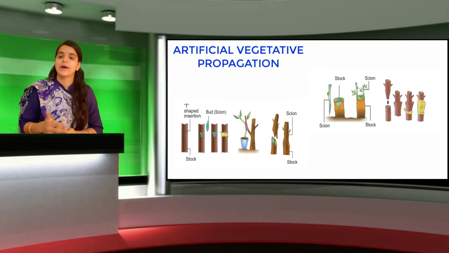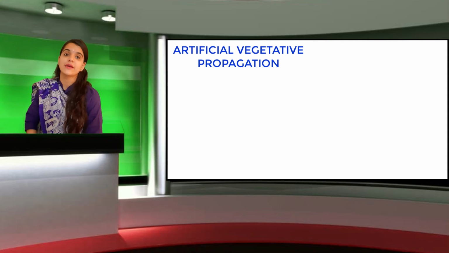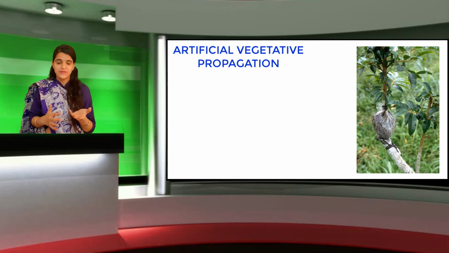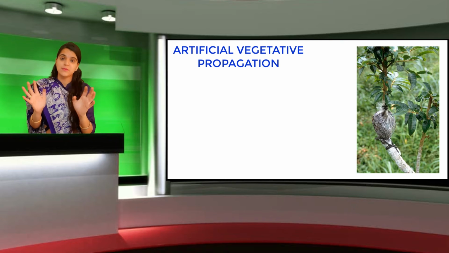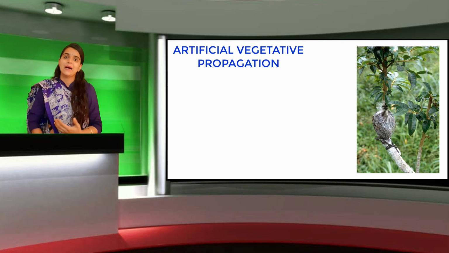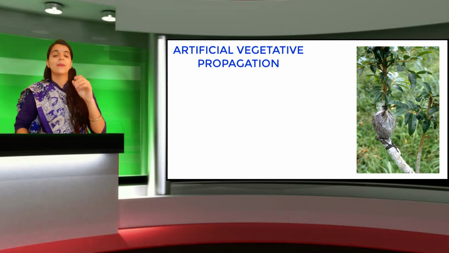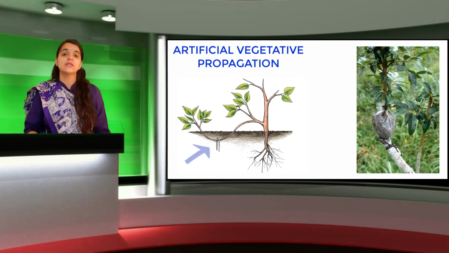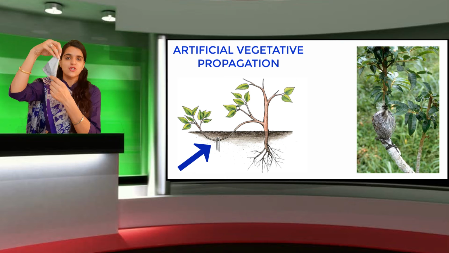It's a very easy one. The next one is layering. As the name suggests, layering means some layers are there, right? So in layering, what will happen? The stem of the plant takes a bend. Suppose this is a branch of a stem.